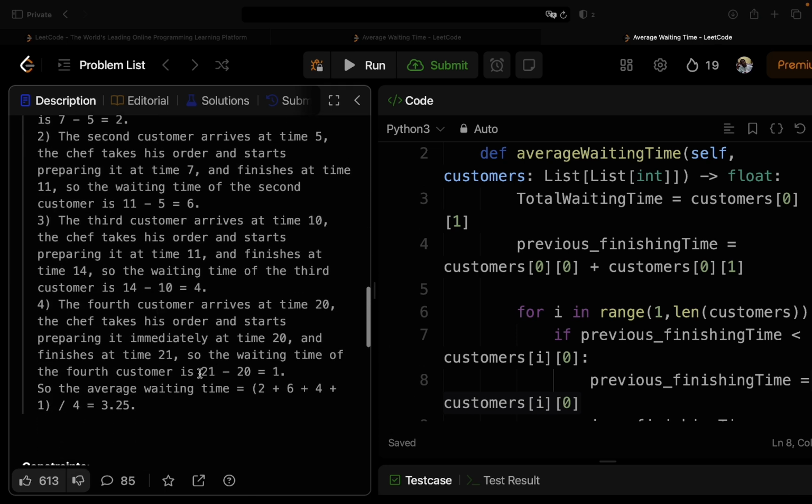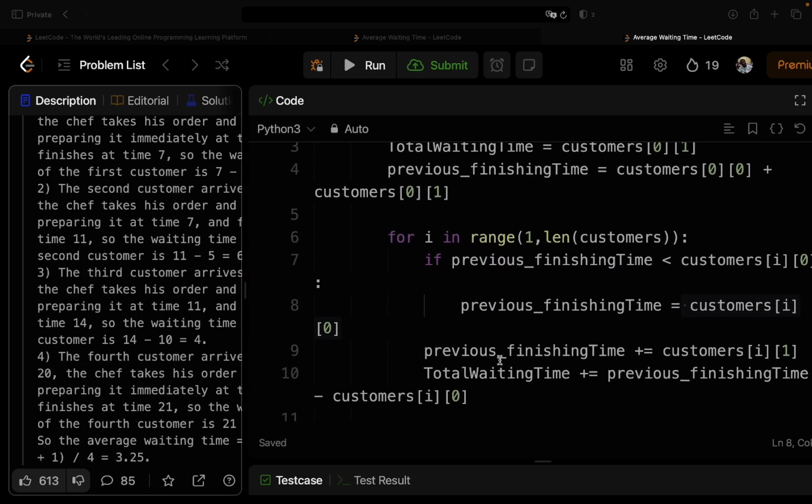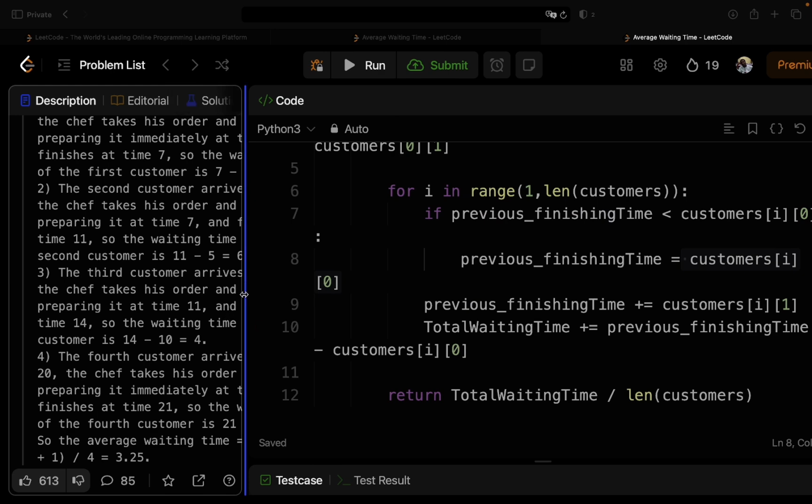Otherwise, if the previous finishing time is 14, then adding 1 will make it 15. 15 minus 20 is something like minus 5, which will not give the correct answer.